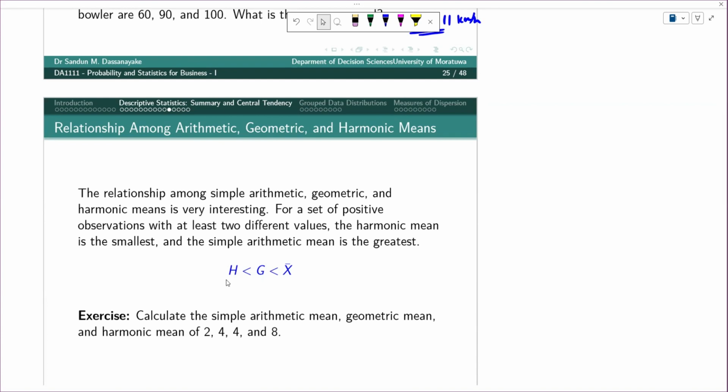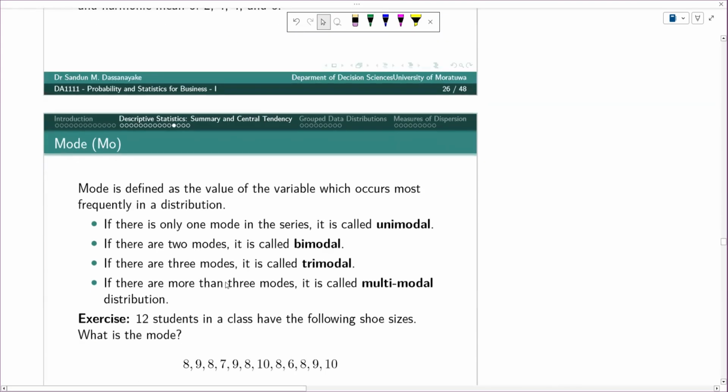Then you can get an idea. Always the harmonic mean should be the lowest and the arithmetic mean should be the highest. So the geometric mean should always be at the center. In that way, you need to have some idea. So just keep that in mind.